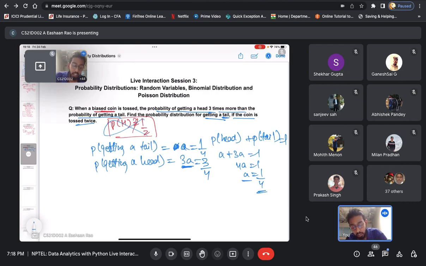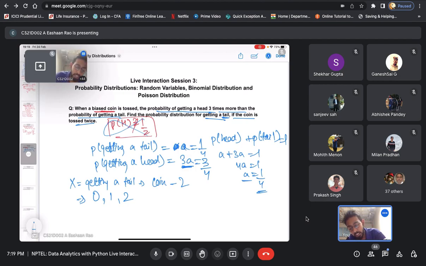Now the main question is, how many times will I get a tail if I toss the coin twice. If I'm tossing the coin twice, either I will get 0 tails, or I will get 1 tail, or I will get a tail both times.